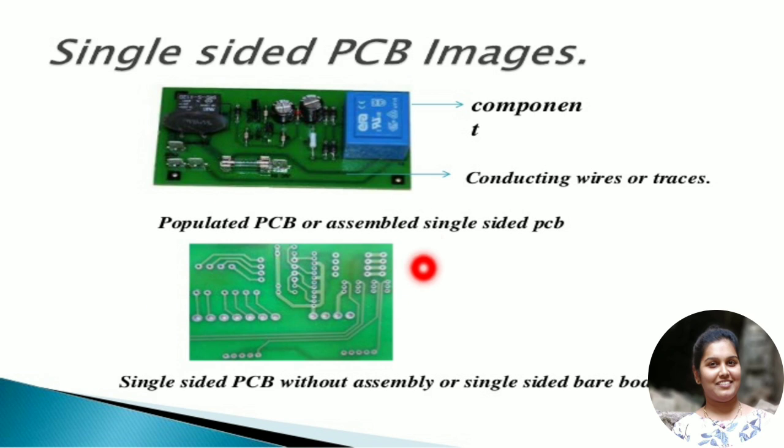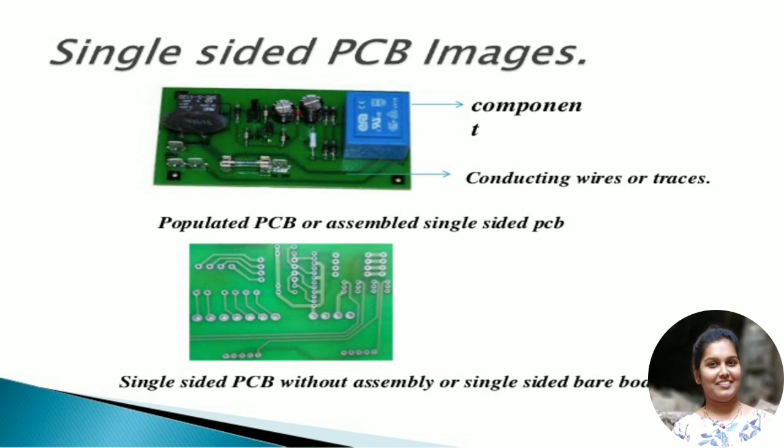Before the placement of components, a single sided PCB looks like this. Here we see a green color insulating plate, which we generally call the substrate. The base material is called the substrate, which we see in green color. On the substrate we trace some paths with the help of a conducting material.